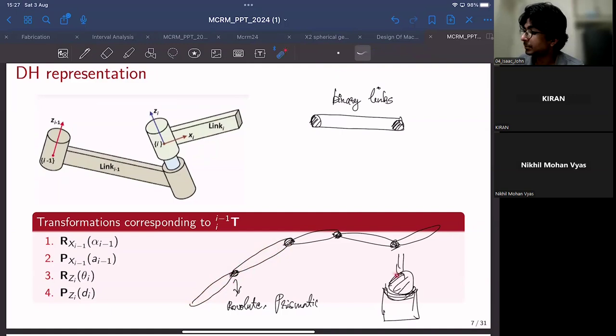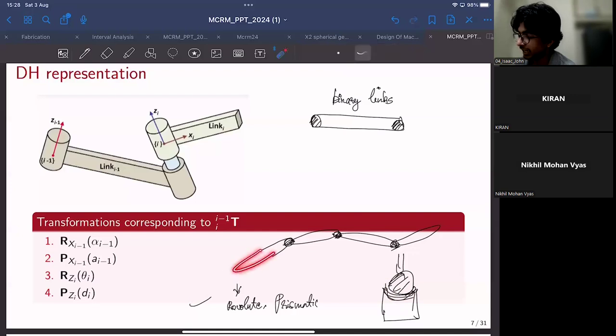And if the robot has something like a spherical joint, we can decompose it as three intersecting and mutually orthogonal revolute joints connected by massless, zero length links. So whatever the case, you can always approximate any robotic manipulator as a serial connection of binary links connected with single degree of freedom joints.